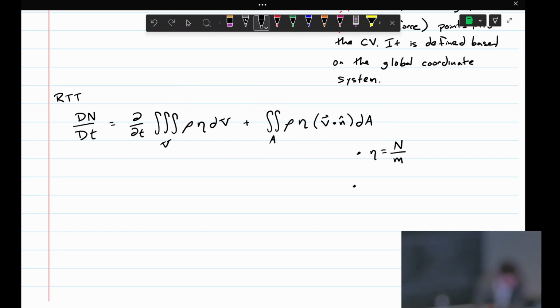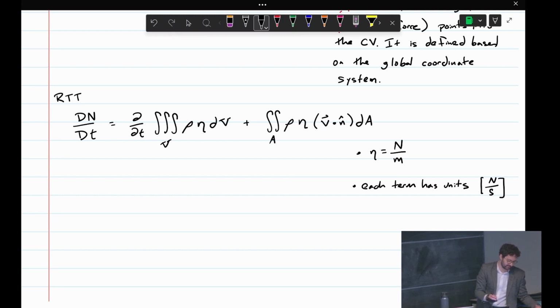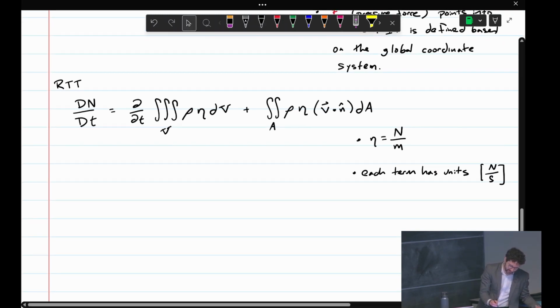Okay, so each term has units of n per second. Let's use seconds for the time unit. So it's a time rate of change of n in our CV.